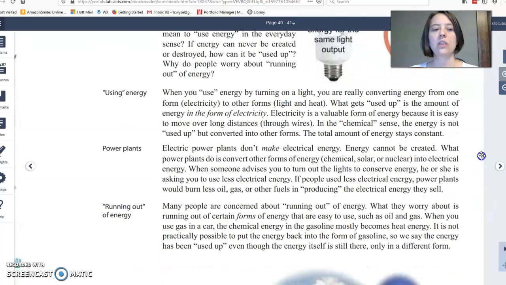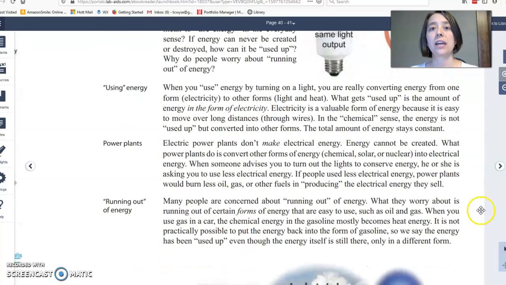We know that energy can be transformed from one form to another. And with conserving energy and not using energy, we're keeping it in a really useful form and not using it up and having it be transformed into a not so useful form.